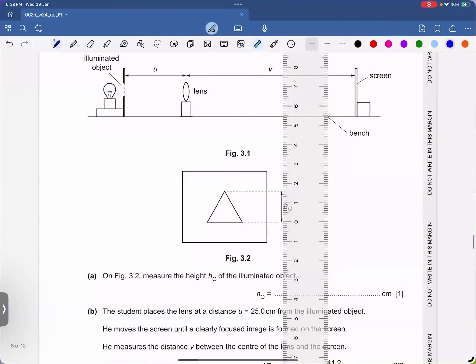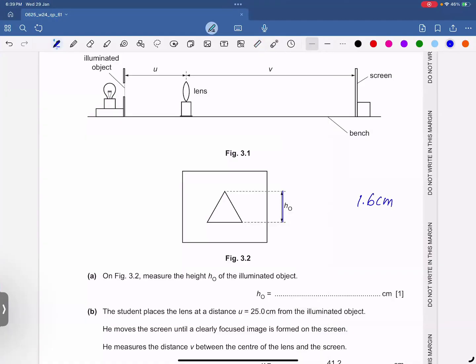You can see this, my dear students, from 0 to here is exactly 1.6 centimeters. So let's take the ruler away and write it: 1.6 centimeters.